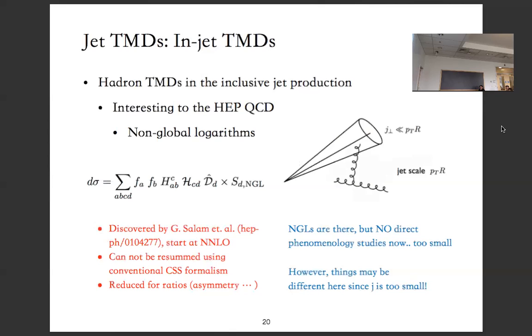So the non-global logs are there, but there are no direct phenomenology studies now. The reason is that usually at the LHC, they are looking at kinematics which is far from the region where non-global logs are very important. Usually it's very small. But in this case, because J perp is measured to be only around 1 GeV, things may be different.